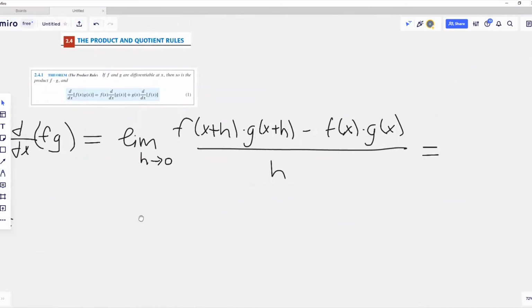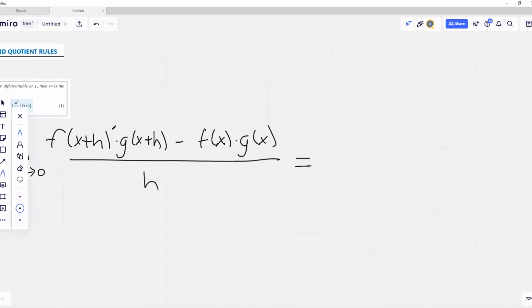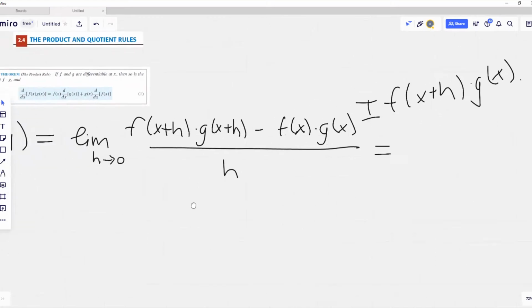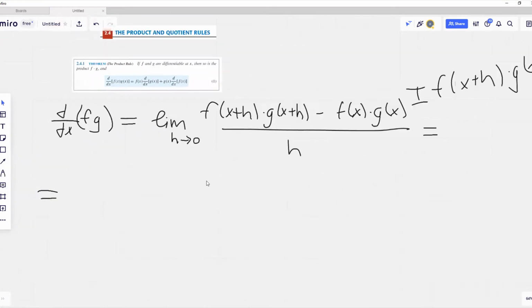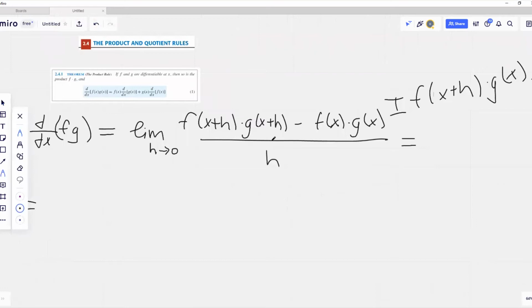We are going to artificially add and subtract the term f of x plus h multiplied by g of x. Then we are going to group up the first term that we have here with the minus f of x plus h multiplied by g of x, and we'll factor out f of x plus h.